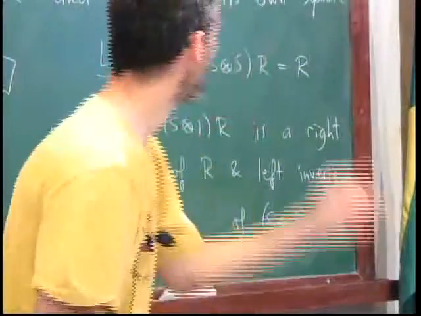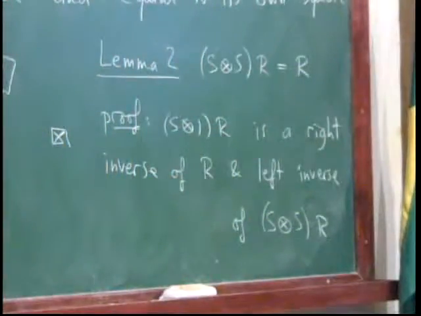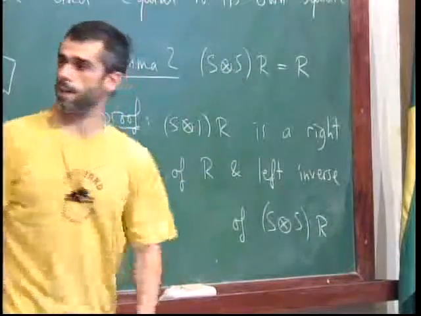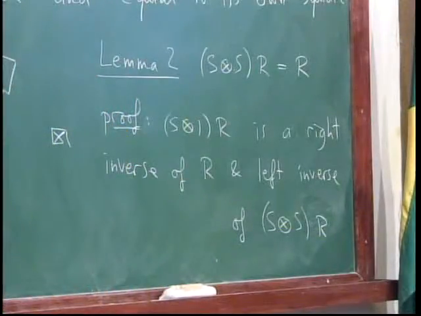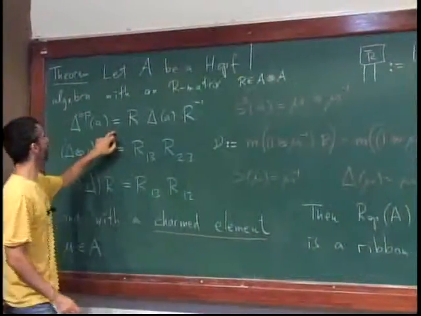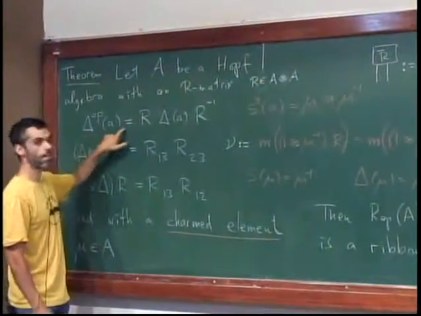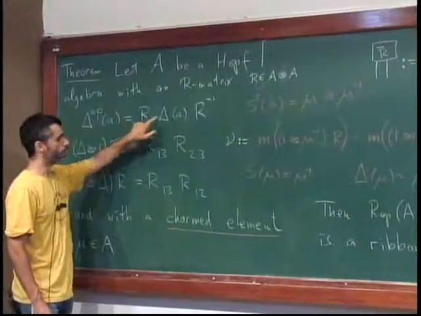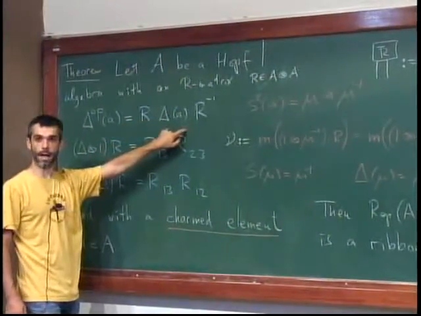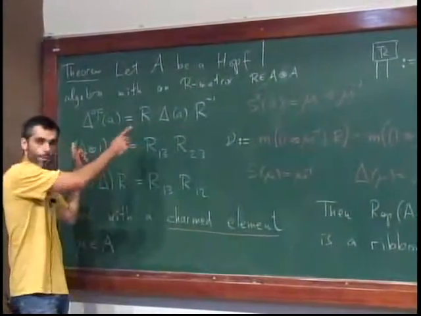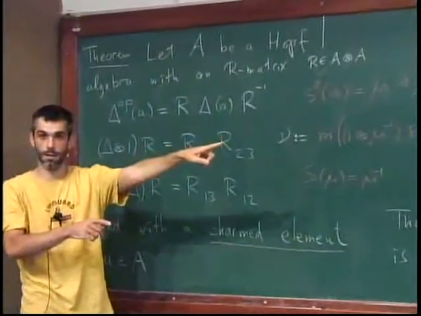Actually, a little comment, which is interesting. So if I didn't impose that R be invertible, and I wrote this axiom as delta op A times R equals R times delta A for all elements of the Hopf algebra, actually that's the formula that I'm going to use in that lemma.